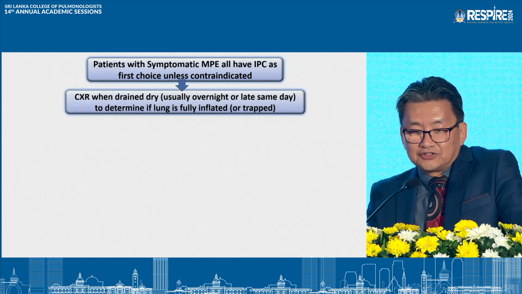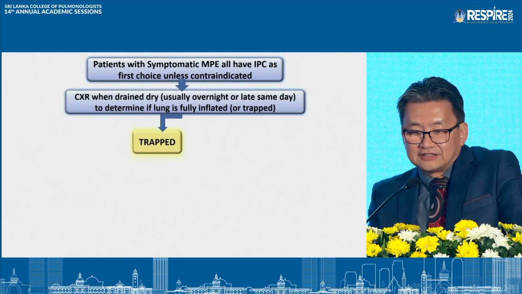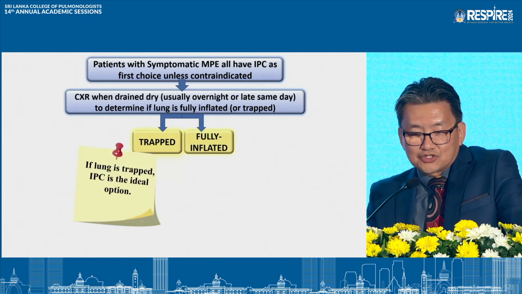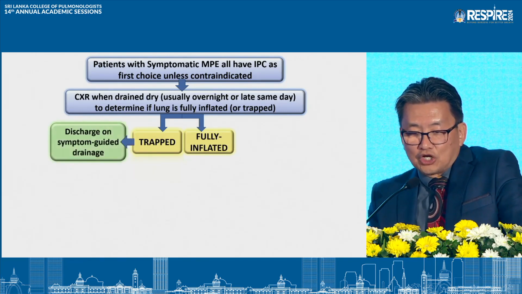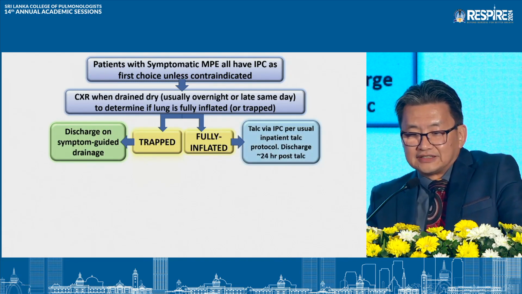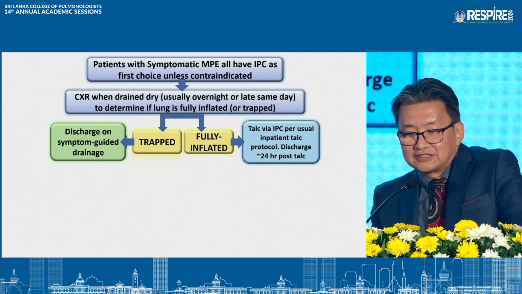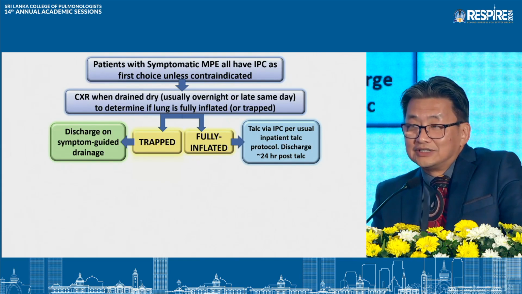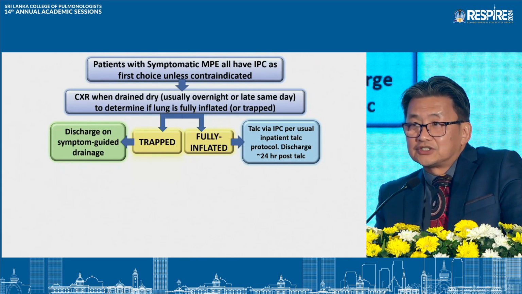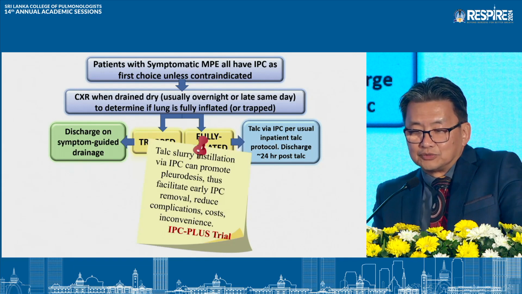When the fluid is drained dry, we perform a chest X-ray to decide if the lung is fully inflated or trapped. If it is trapped, then IPC is the best option and the patient is discharged on symptom-guided drainage. If the lung is fully inflated, we adopt a modified protocol from the IPC-PLUS trial protocol, where we keep the patient as an inpatient and use the talc slurry protocol, including suction, and we usually discharge the patient 24 hours afterwards.